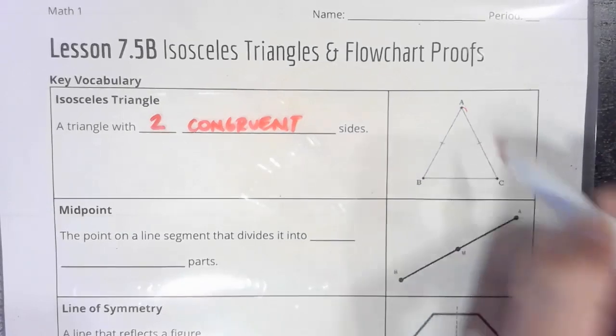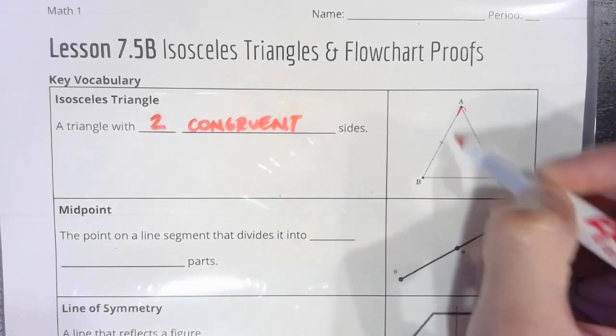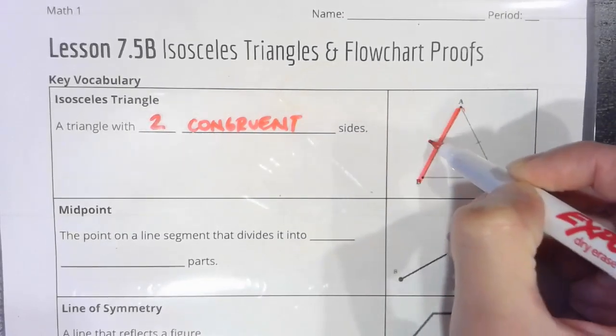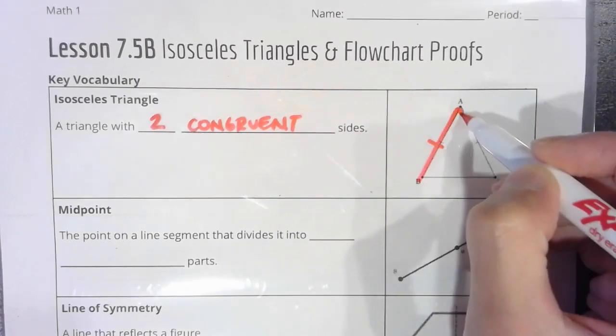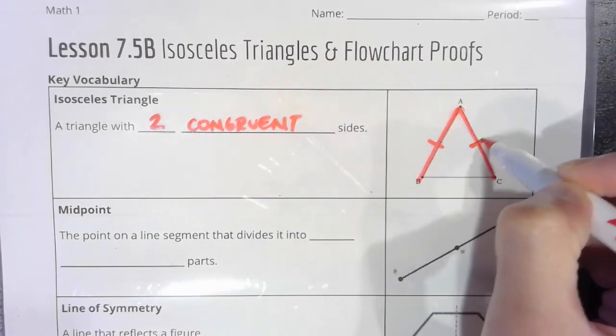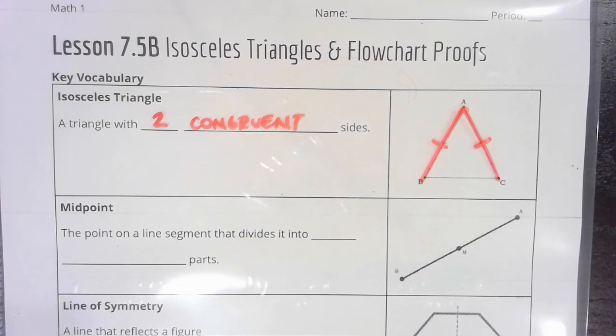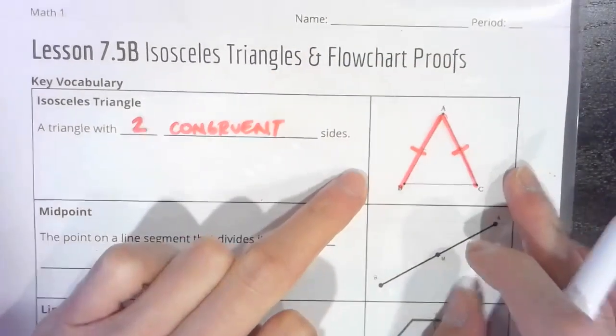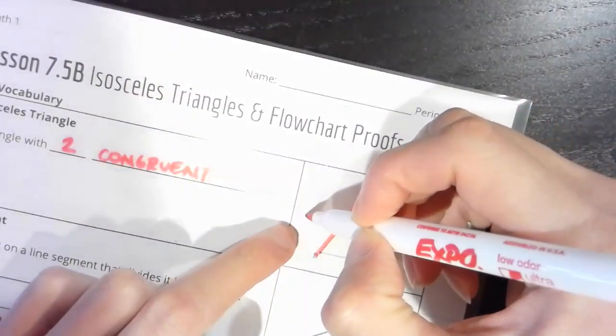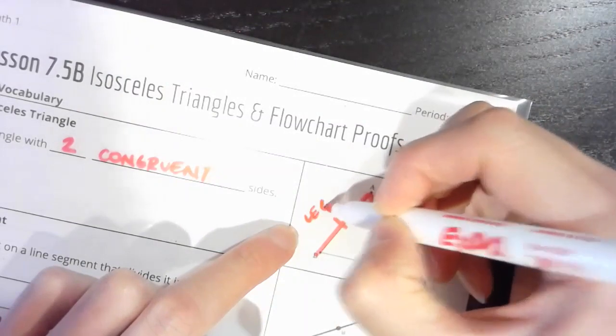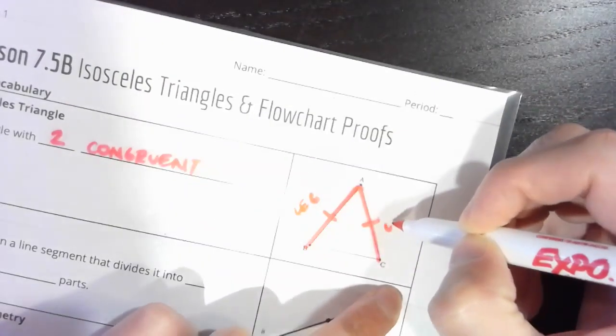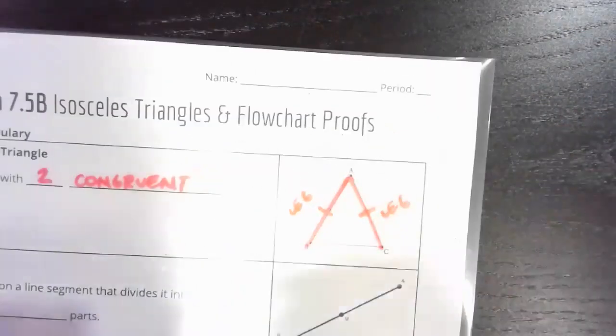So in this diagram here, we can see the way that it's labeled that this side is congruent to this side. And the two sides that are congruent, we call these the two legs of an isosceles triangle.